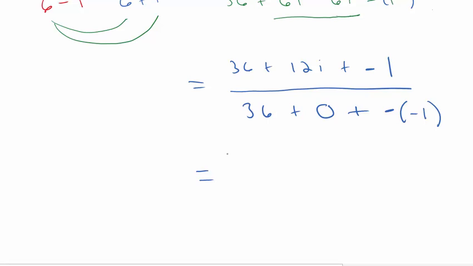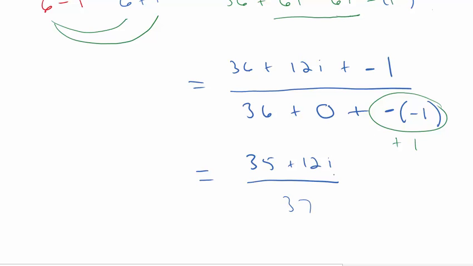So let's keep simplifying. So 36 minus 1 is 35 plus 12i divided by 36. Now minus negative 1 is the same thing as plus 1. So it's pretty much just 36 plus 1, which is 37.